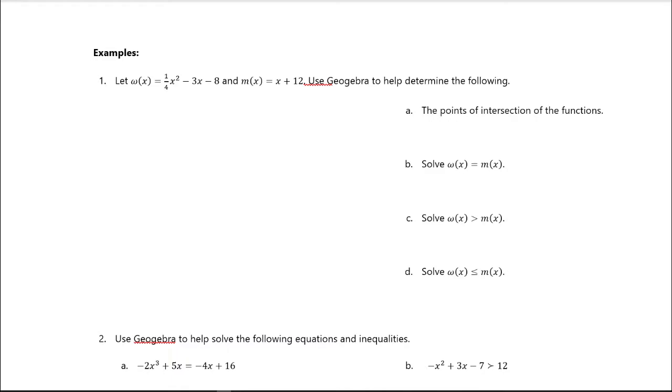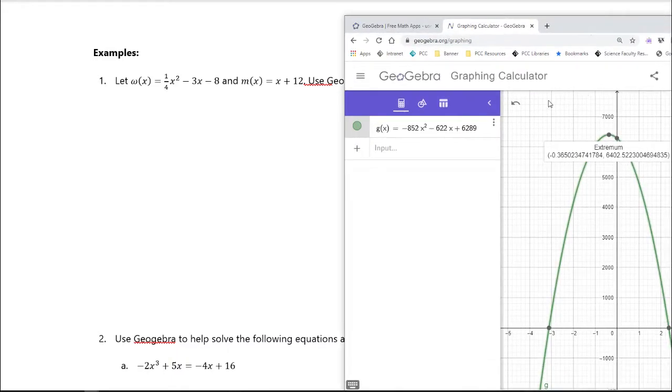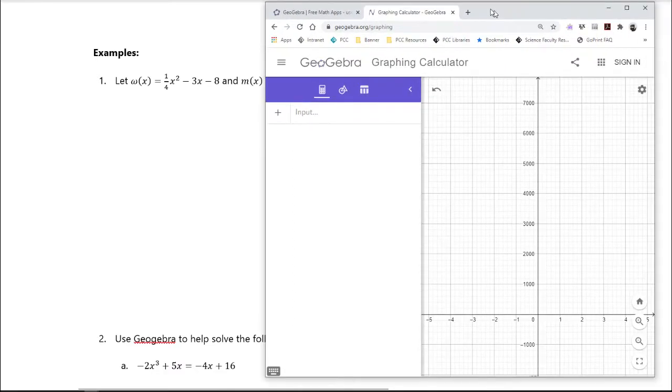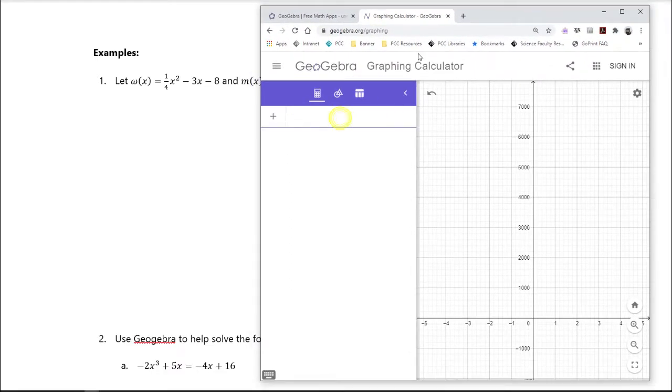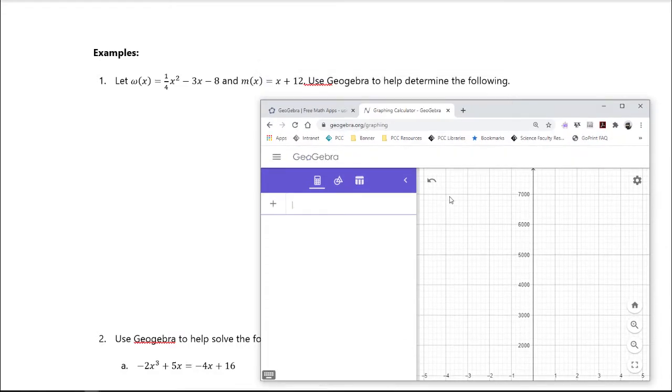So let's pull up the graphing calculator, Geogebra, and start by just entering in these functions. I'm going to go ahead and delete what I had in there first using those triple buttons. The first function I want to enter here is w of x equals 1/4.